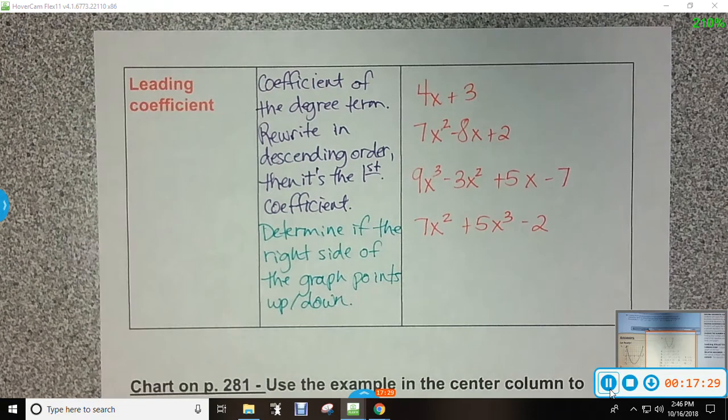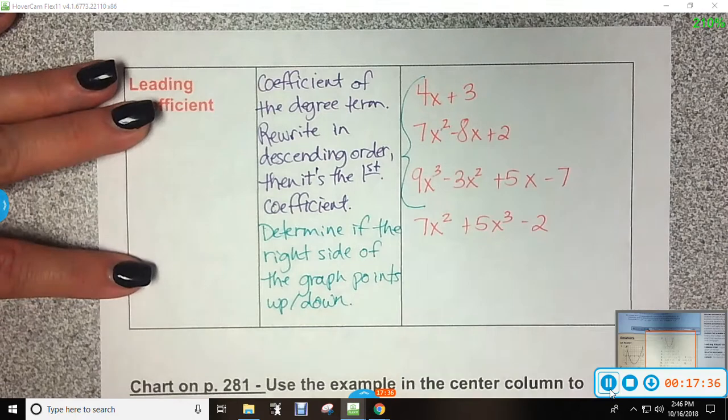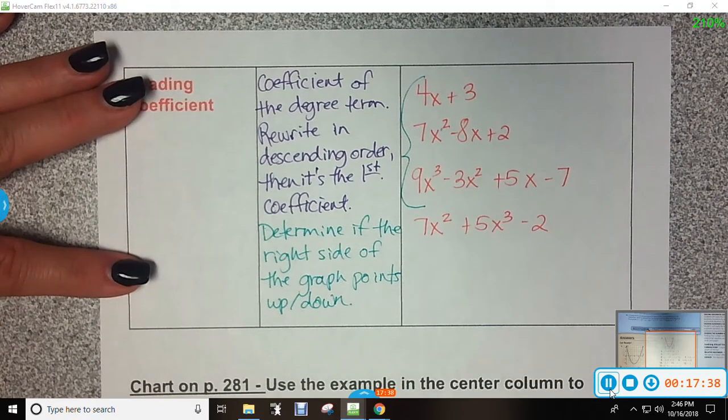Just like we talked about a few minutes ago, these first three are written so that they are in descending order already.